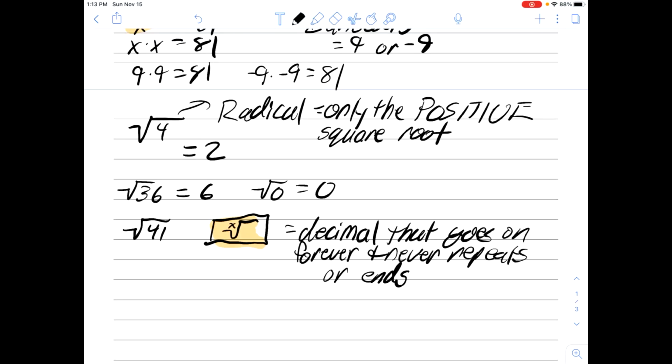That's one of the really cool things about square roots: unless they have a perfect number that comes out really nicely, they're always going to be these crazy long numbers. So make sure you're able to find that button on your calculator. That's going to help you a lot with the problems here today.